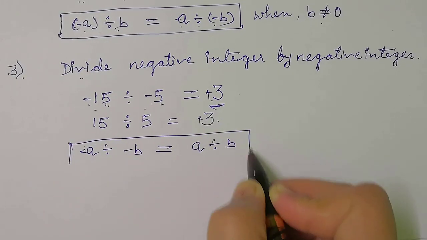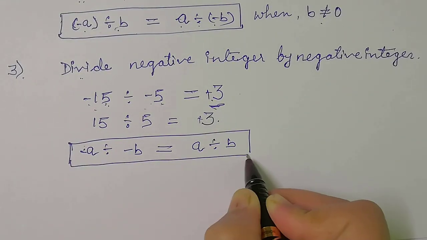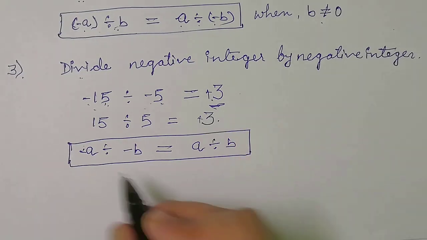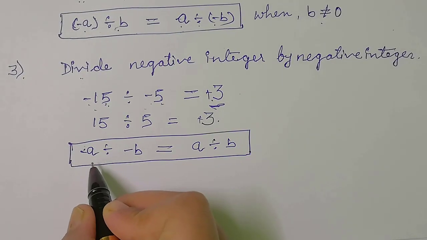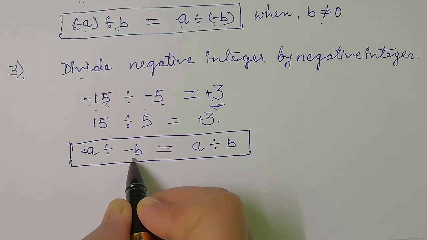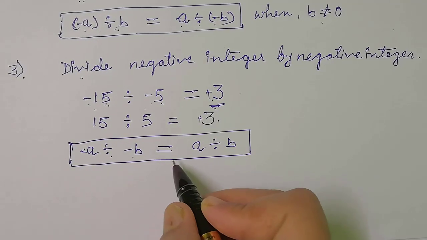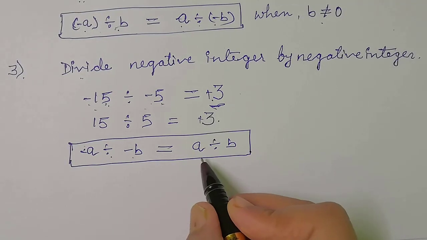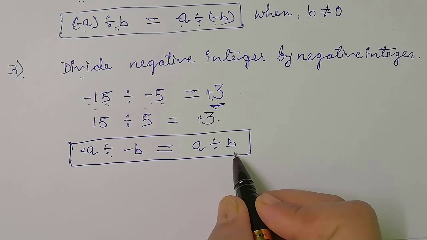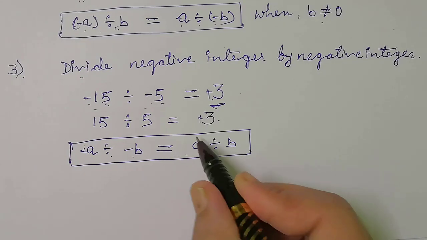When we divide negative integers by negative integers, and when we divide positive integers by positive integers, we get the same quotient.